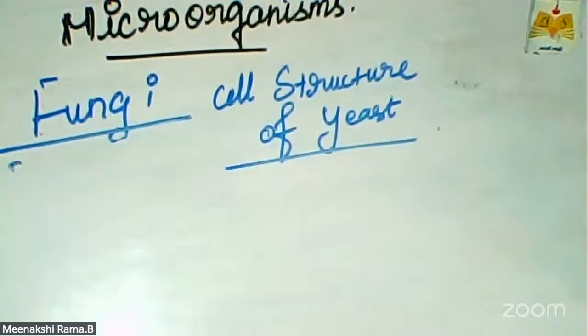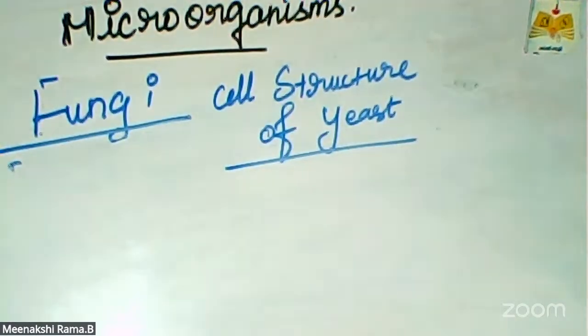Yeast aids fermentation with the help of the enzyme zymase. It is anaerobic and reproduces by budding formation.